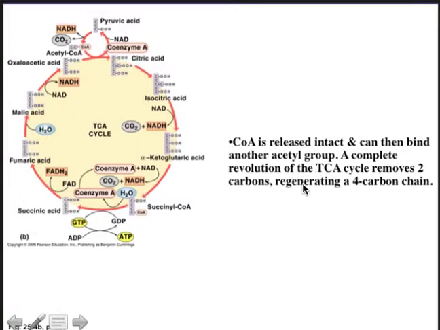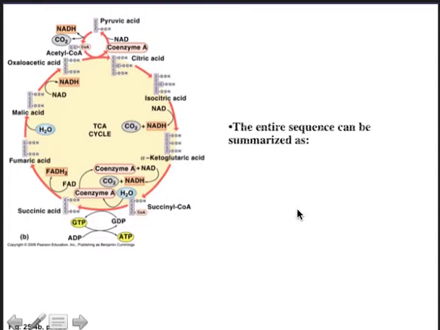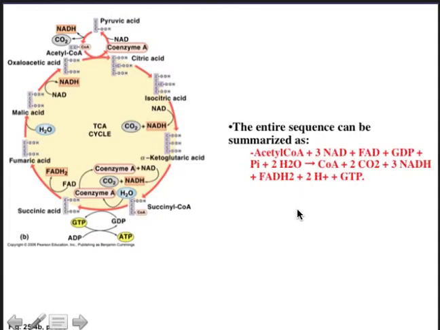A complete revolution of the citric acid cycle removes 2 carbons and regenerates a 4-carbon chain. The entire sequence can be summarized as acetyl-CoA plus 3 NAD plus FAD plus GDP plus inorganic phosphate plus water gives you CoA plus 2 carbon dioxides plus 3 NADH plus FADH2 plus 2 protons and a GTP.